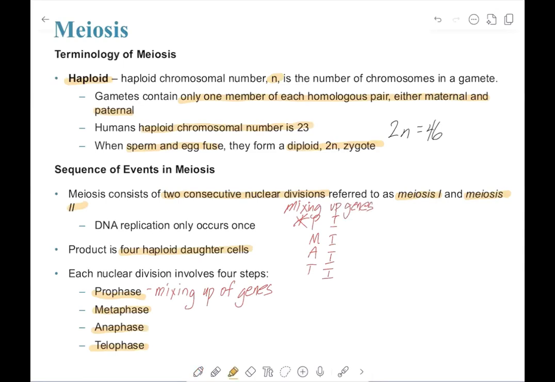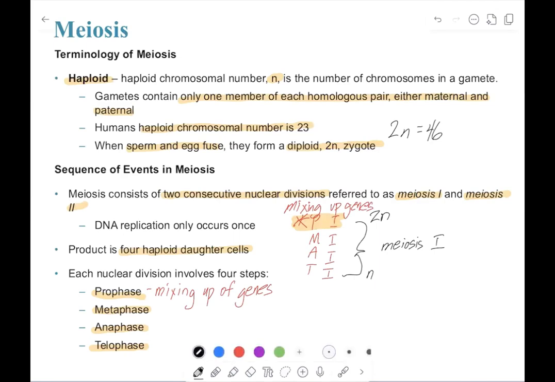Again, the most significant part of meiosis 1 is going to be that prophase 1. So here we see that we start with diploid. This is meiosis 1. After meiosis 1, the chromosomes have been reduced to haploid.